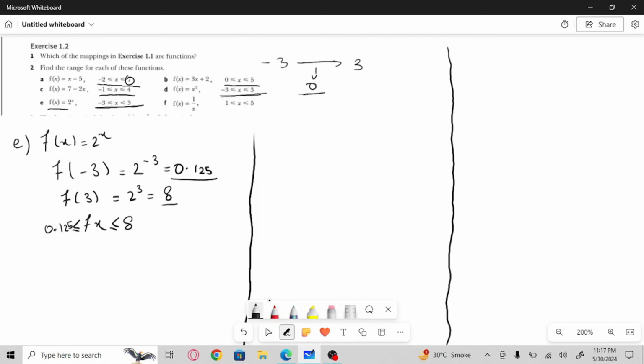So a question may arise: why did I choose the value of x to be 0 in this part D, and why not here? The thing is that if we focus on part D, we see it's a squared value. So if we had input -3, we would get 9. If we had input -2, we would get 4. That means the negative sign would not affect our final answer.